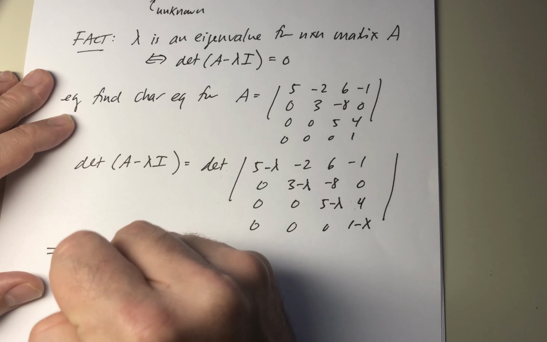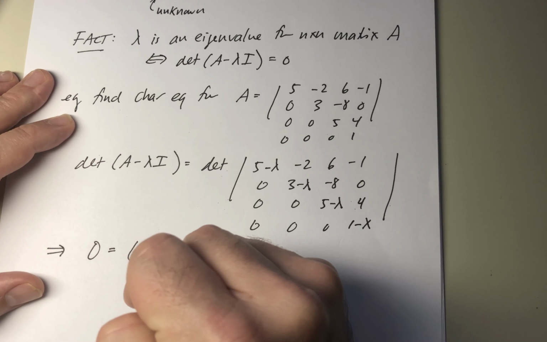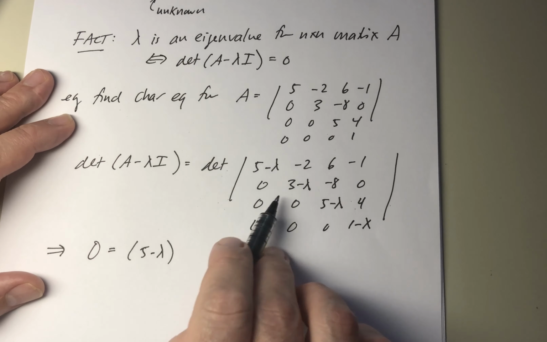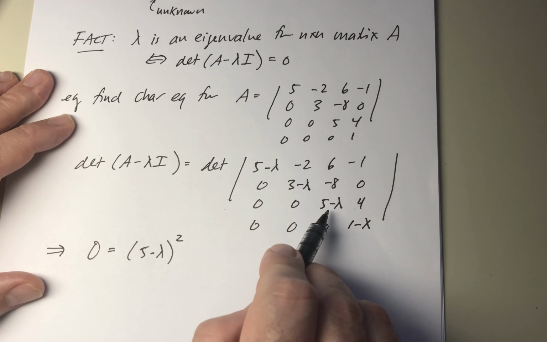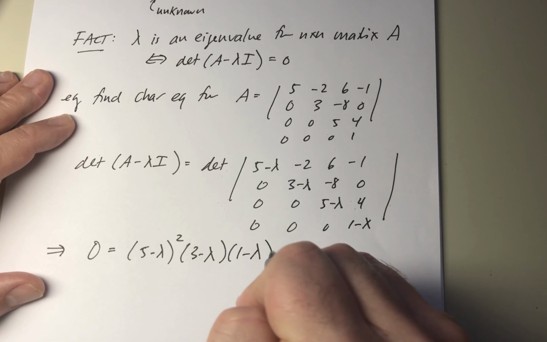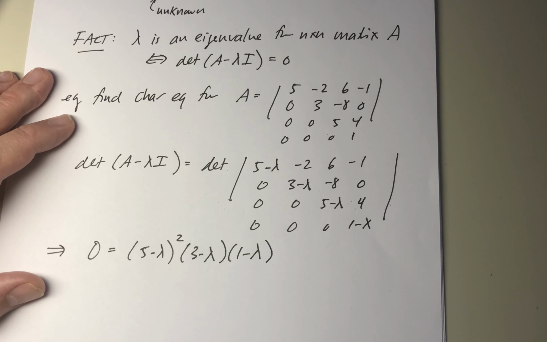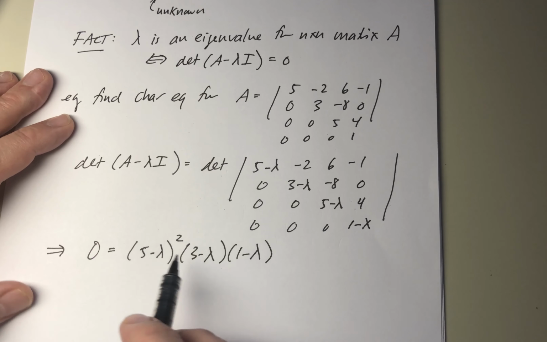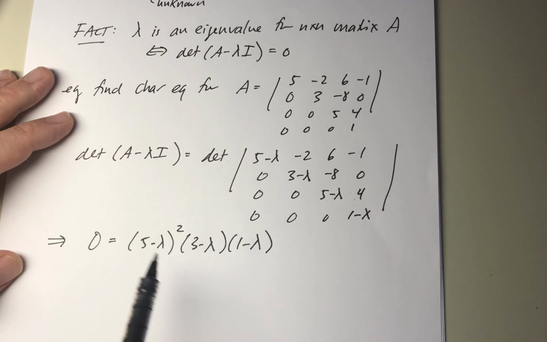So the characteristic equation is 0 equals the product of those: a 5 minus lambda times a 5 minus lambda, then a 3 minus lambda, and a 1 minus lambda. Okay, so this is the characteristic equation. That's what I wanted to find.